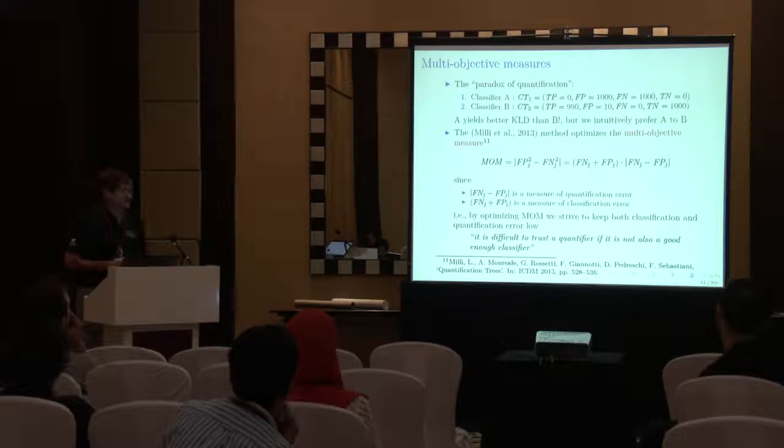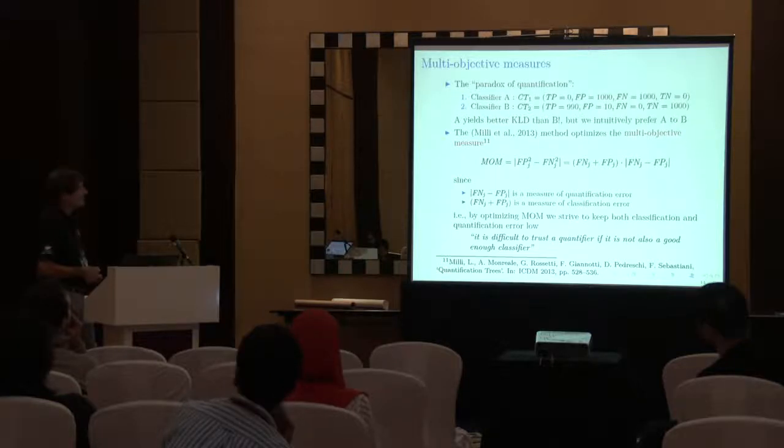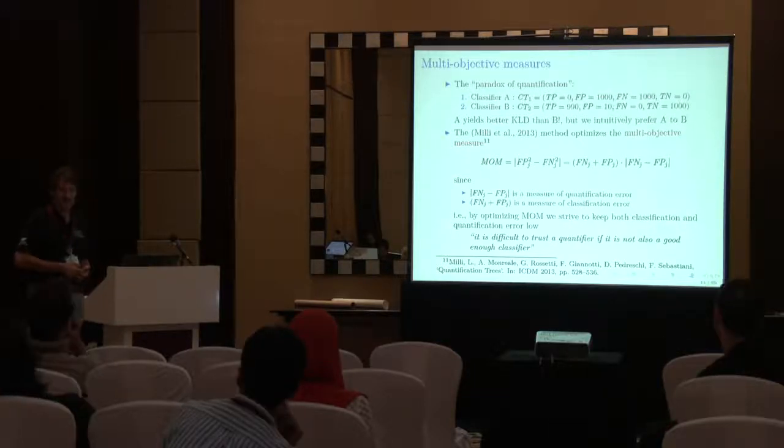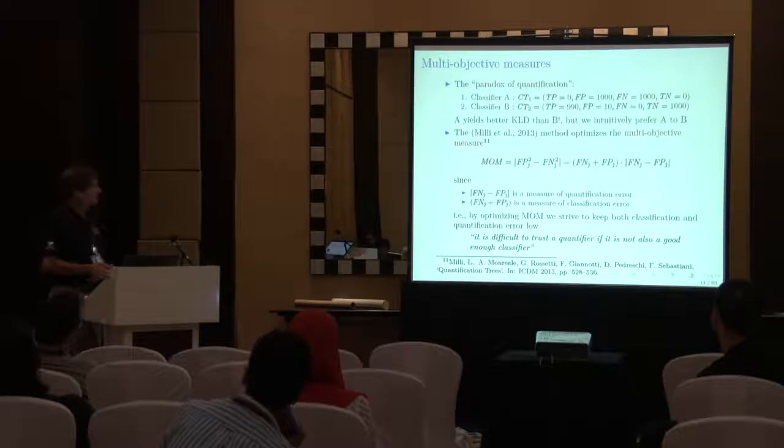But we sort of intuitively prefer A. And why do we tend to prefer A? Because we think that a classifier that comes up with this kind of results, such as classifier A, is not really reliable. It's not really trustworthy. So there are a couple of papers in the literature.